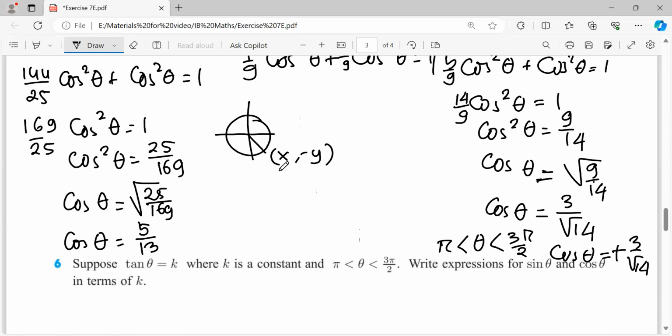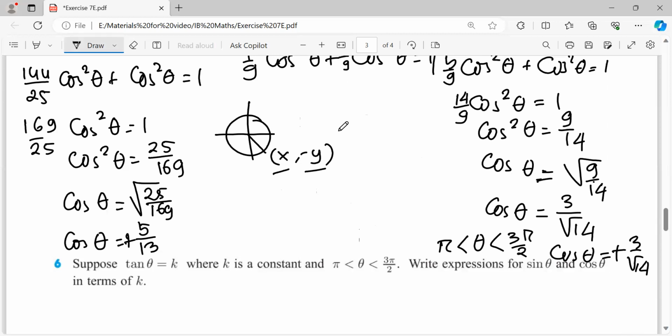So x is for cosine and negative y is for sine. So sine is negative and cosine is positive. So cosine theta is still positive 5 over 13.